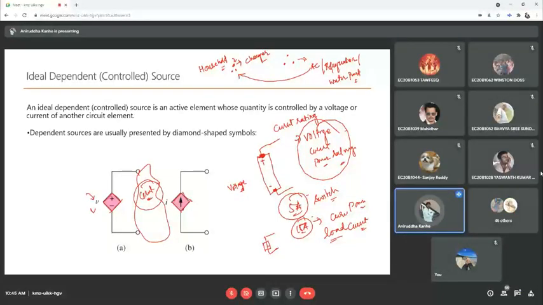Now coming to the initial question, why we are not commenting on the current of your battery. It depends on the amount of load you are connecting. Now if I take a 1.5 volt battery and connect a resistor of, let us say, 10 ohms, what is the current? Current is 1.5 divided by 10, that is 0.15.